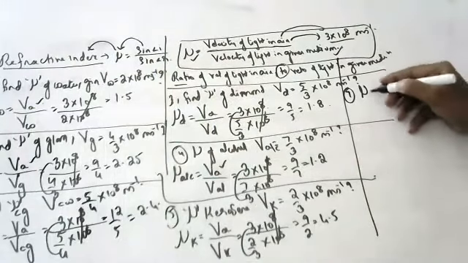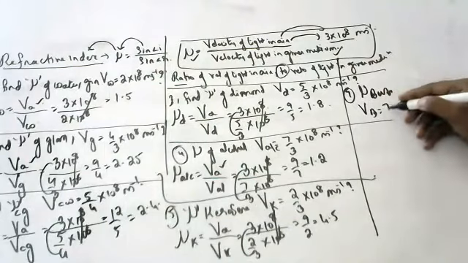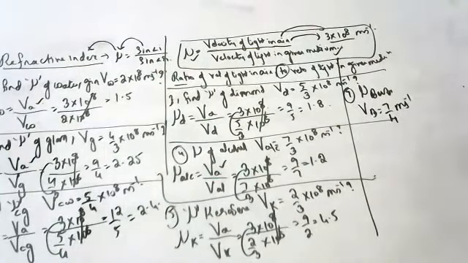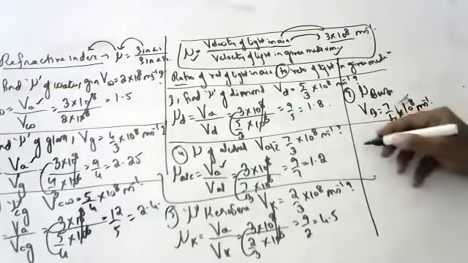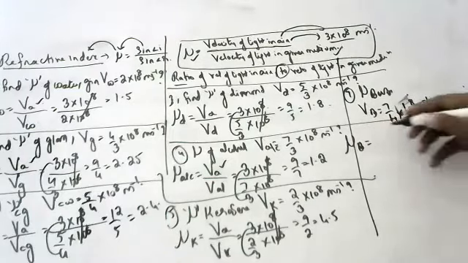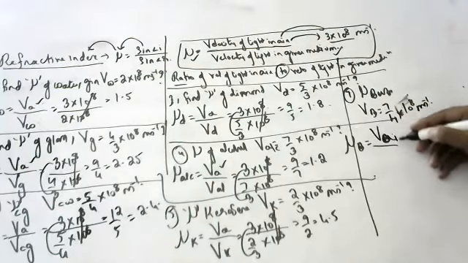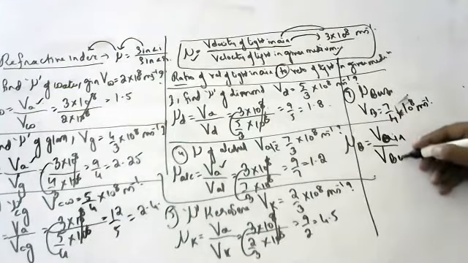Find refractive index of benzene, if velocity of light in benzene is 7 by 4 into 10 to the power of 8 meters per second. Okay, Harika, can you tell? Refractive index of benzene is velocity of light in air by velocity of light in benzene.